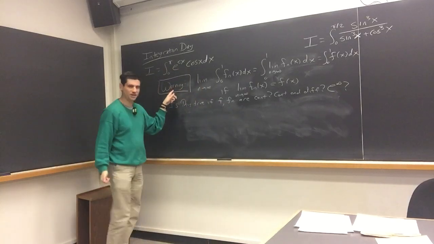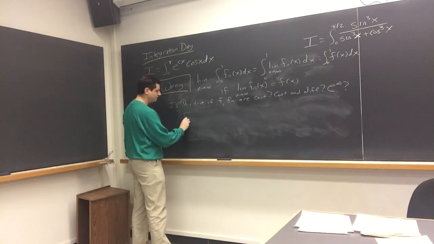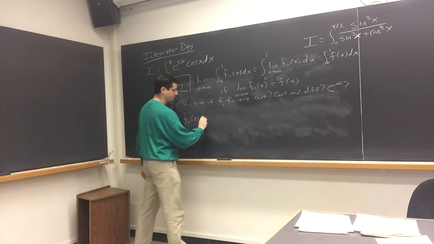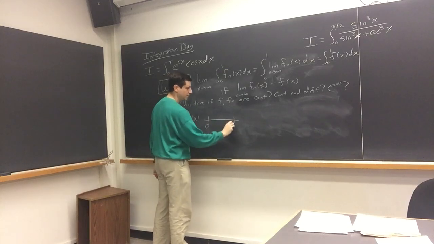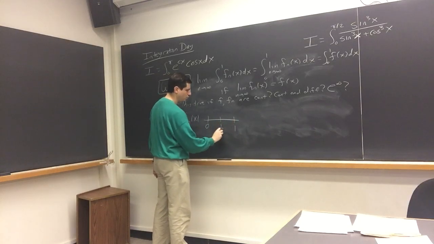So given that there's a warning here, let's look at the following. Let's define fn of x as follows. Here's 0, here's 1, here's 1 over n, here's 1 over 2n.